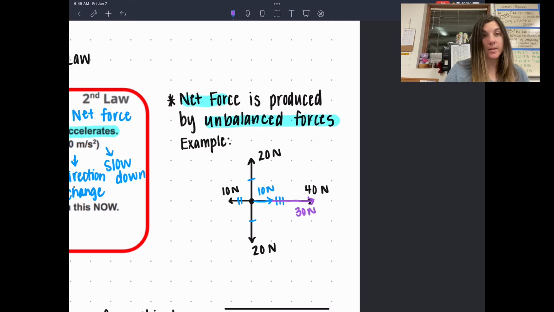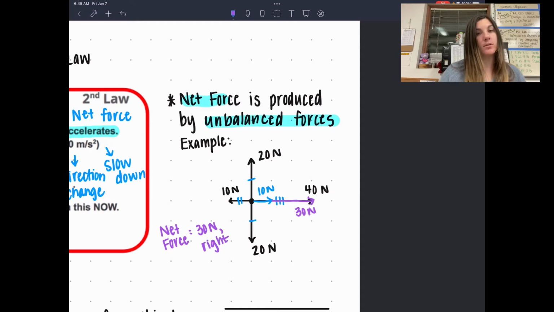So in this circumstance, this object is experiencing a net force of 30 newtons. Now, since forces are vectors, direction matters. So what I've drawn on this picture is that my net force, my unbalanced part, is pointing to the right. Therefore, the direction on my net force is rightwards.